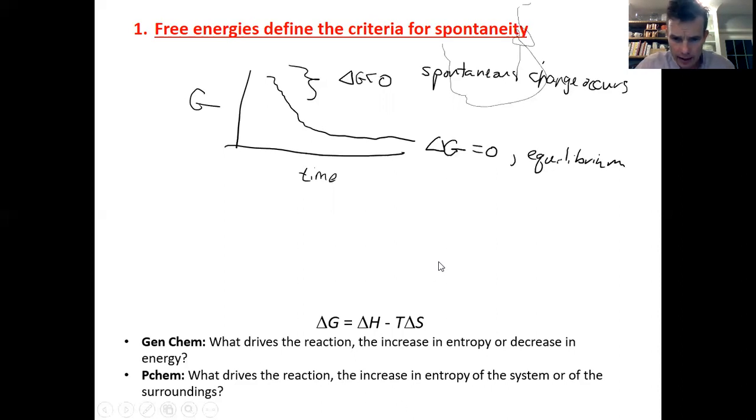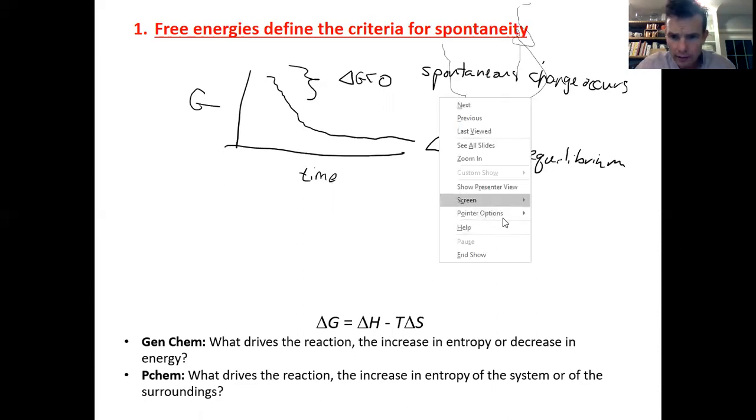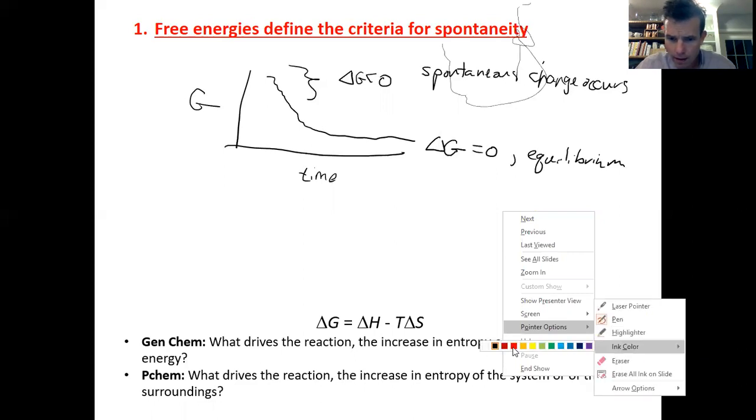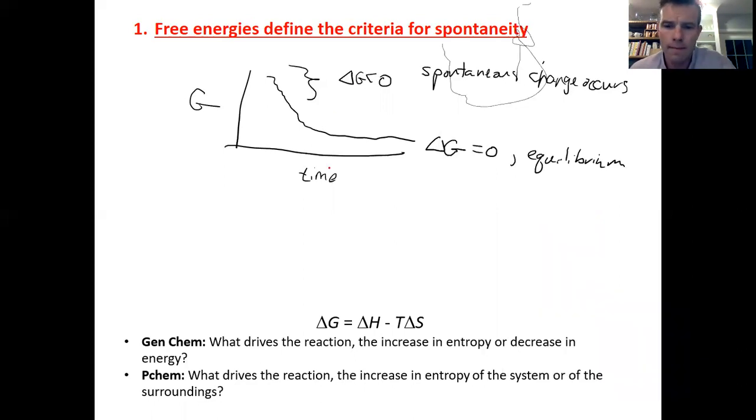And this term here has to do with delta S of the system. So if delta S of the system is positive, that's clearly going to favor the forward reaction.